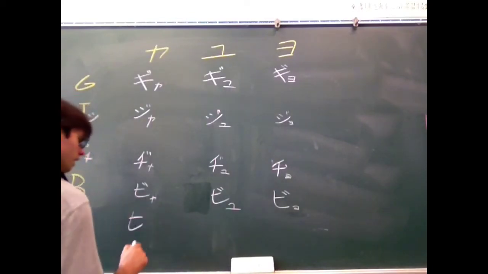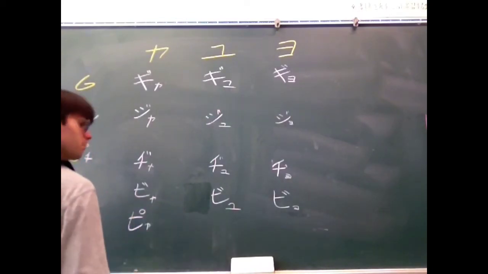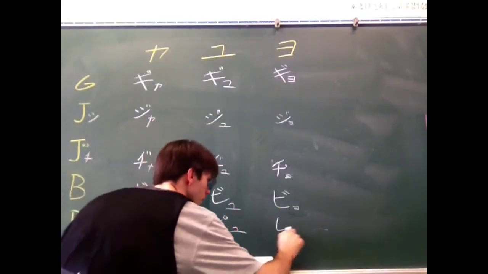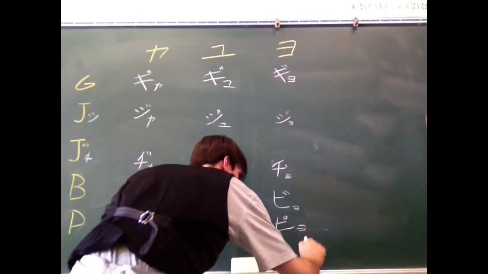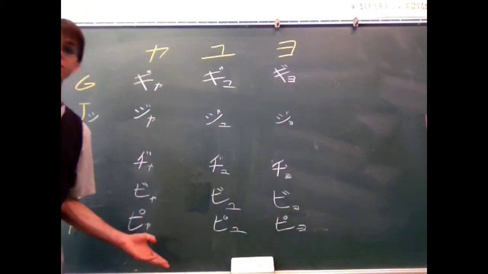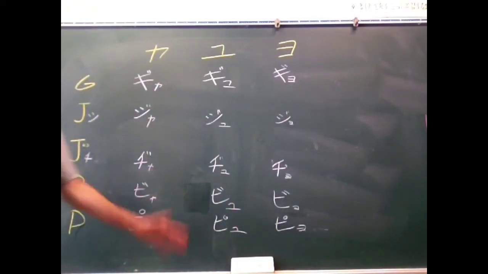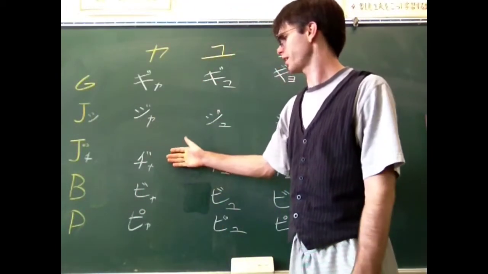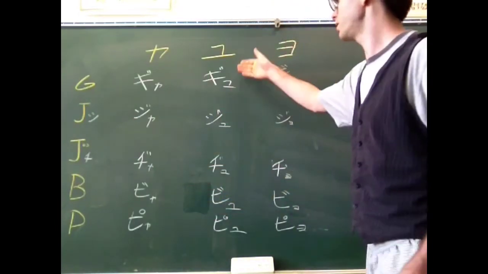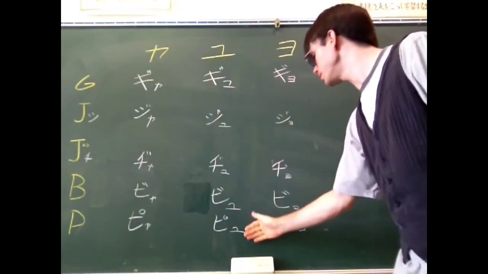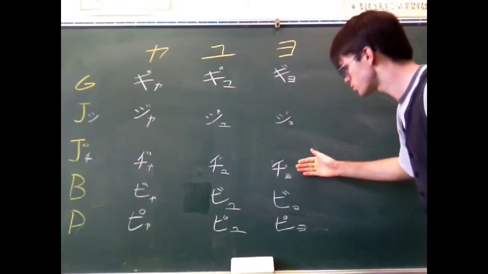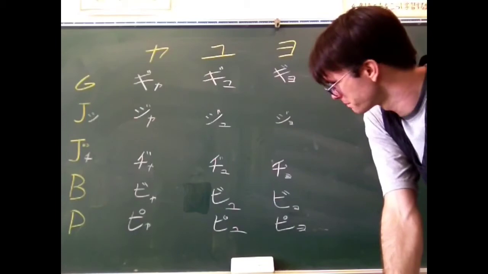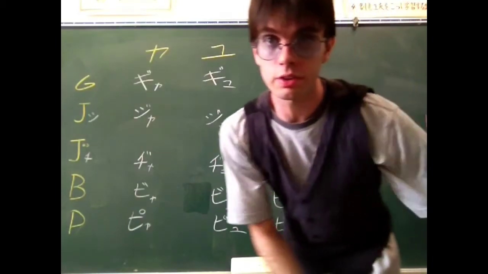So you've got he, p, ya, pya, pyu, pyo. They're all super easy since you already know this sort of convention. So you have gya, ja, bya, pya, gyu, ju, byu, pyu, gyo, jo, byo, pyo. God, that's really hard to say that way. Anyway, alright, so now you know all of those.